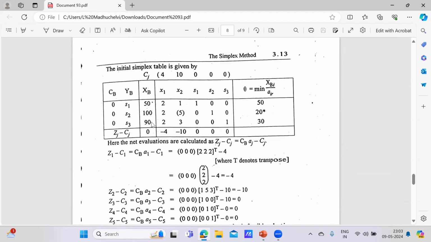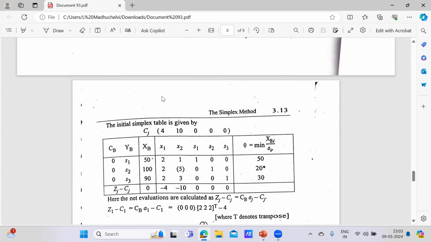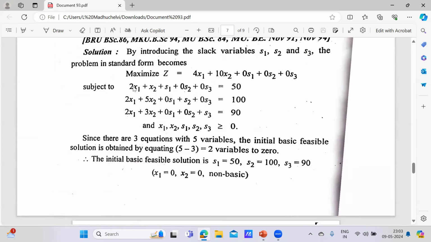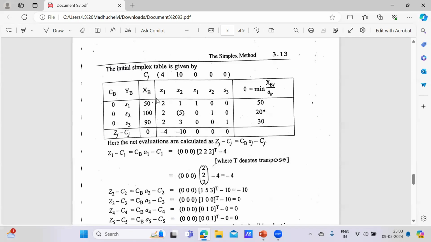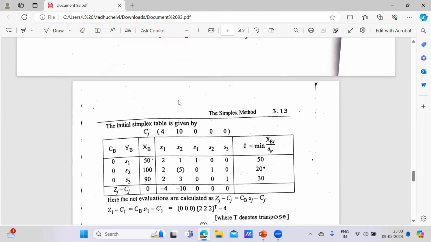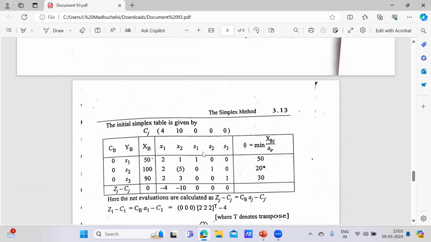Next, the x1 column holds the coefficients of x1 in the constraints, which are 2, 2, 2. Similarly for x2, we have 1, 5, 3.